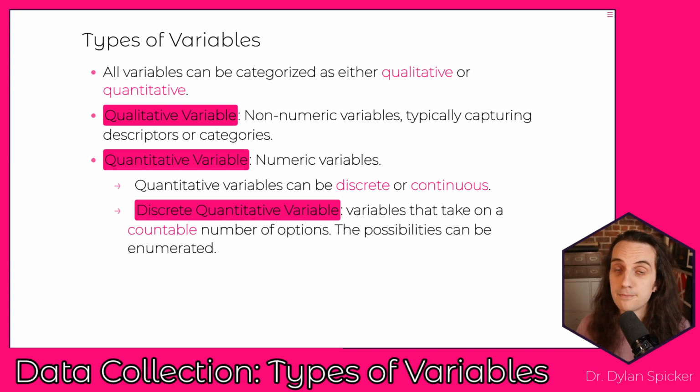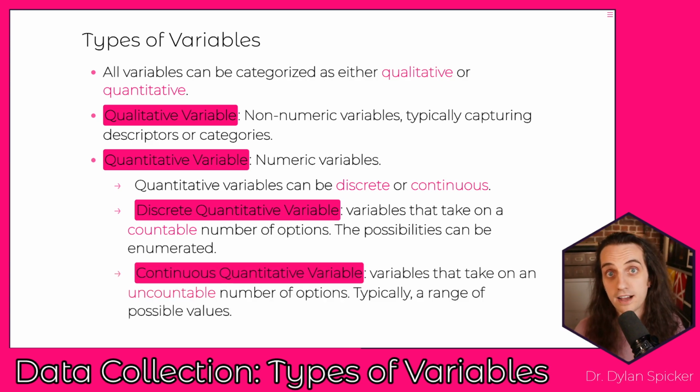There might be an infinite number of possibilities, right? So there are an infinite number of numbers, 1, 2, 3, 4, 5, and so forth, but we can still put them into an order, right? And because of that, we say that they are countable. We could count up how many there are, and we'd call that discrete, right? And so we can list out all of the possibilities, perhaps using an ellipsis to say that this pattern is going to continue.